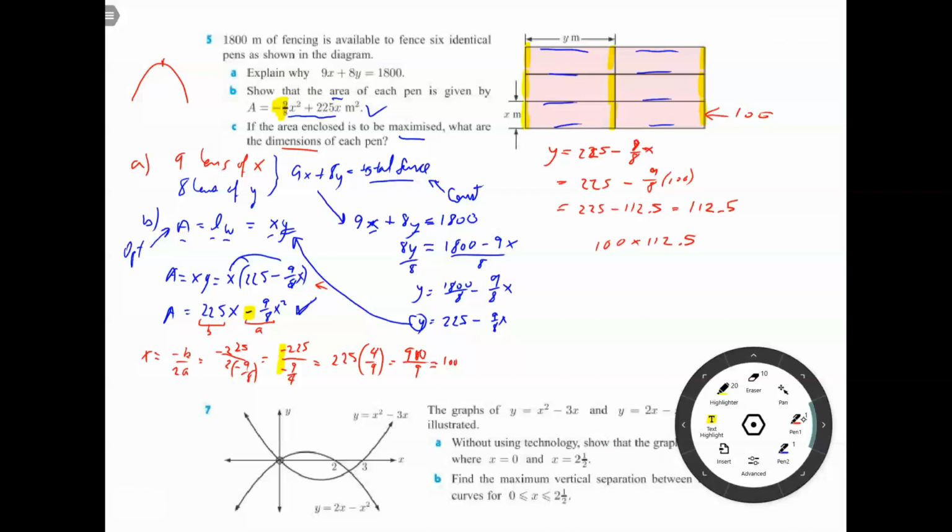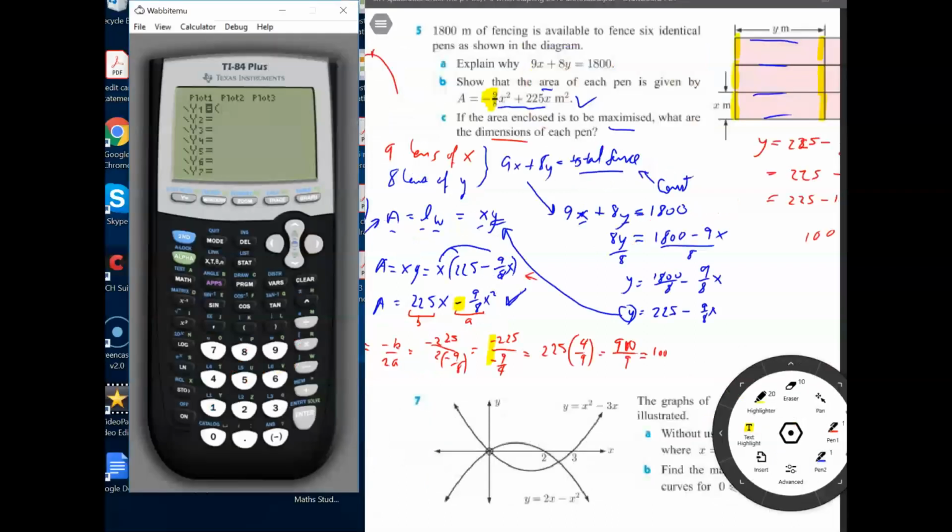I'm just going to show you how to do that with the calculator now. So I go to the y equals screen, and I'm going to put this equation in here, and instead of A, of course, I'm going to use y1, and instead of little x's, I use big X's. This is one of the most confusing parts about it, because you have to reassign the variables so that they're the exact same variables that the calculator is using.